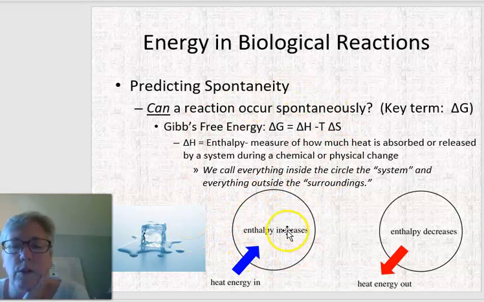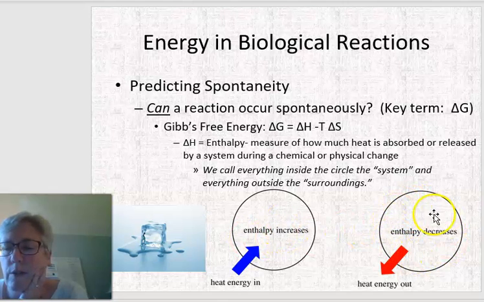Inside this circle is our system. Everything outside the circle is the surroundings. In this case, heat energy is being taken in by the system, and so enthalpy is increasing. In this one, the system inside the circle is losing heat. Heat is going out, so enthalpy is decreasing.